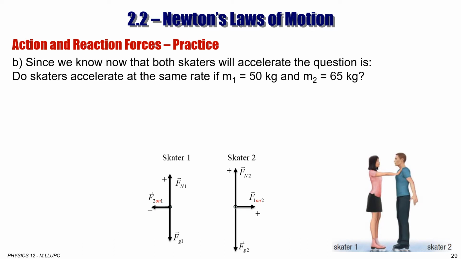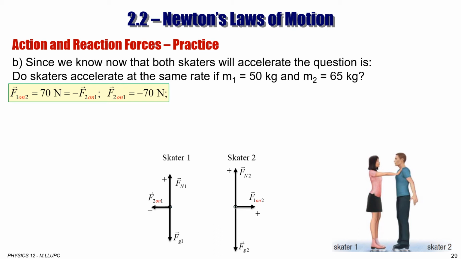Since we know now that both skaters will accelerate, the question is, do the skaters accelerate at the same rate? Say mass 1 is 50 kilograms and mass 2 is 65 kilograms. Okay, let's prove it. Force 1 on 2 is 70 Newton, which is equal to the negative of force 2 on 1, which is minus 70 Newton.